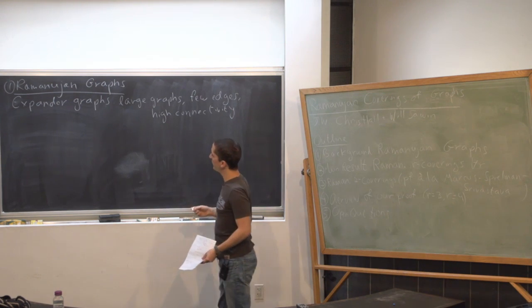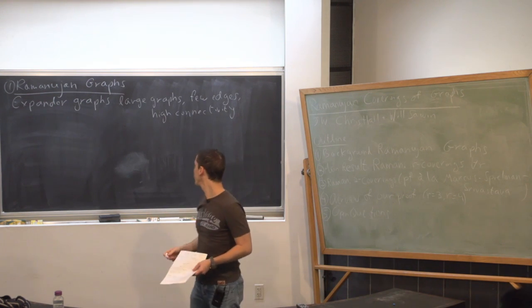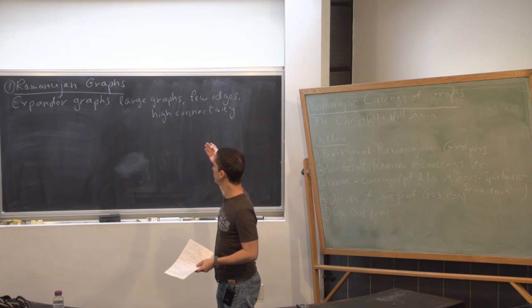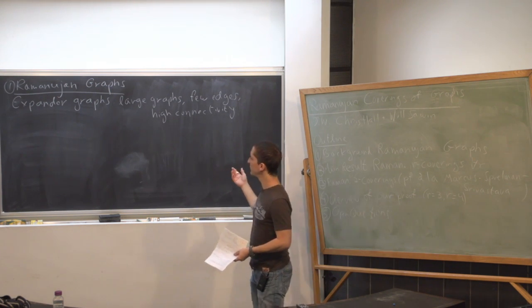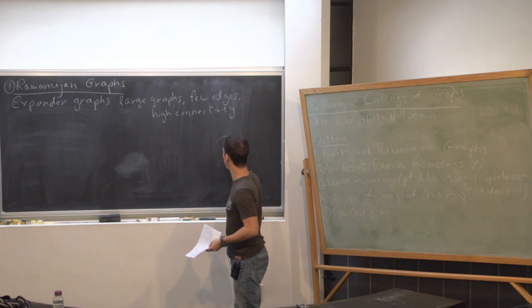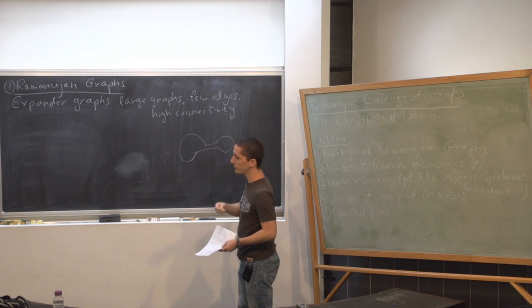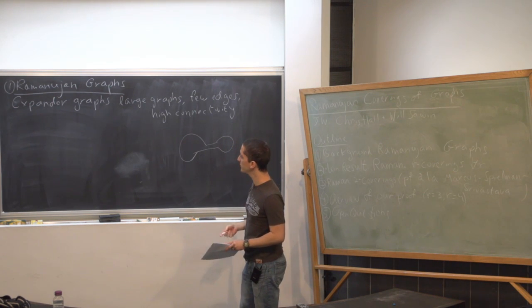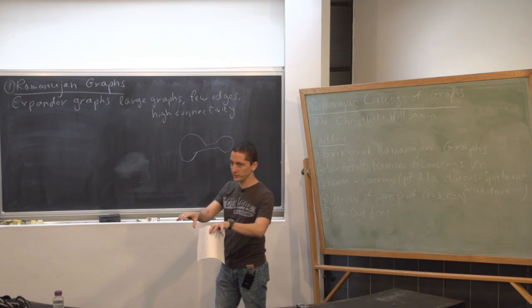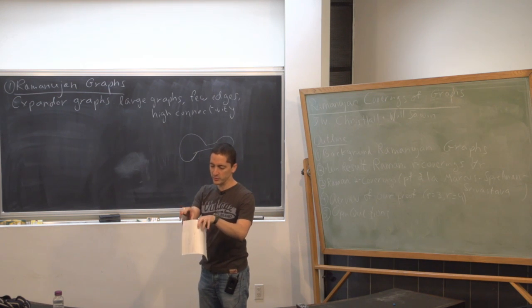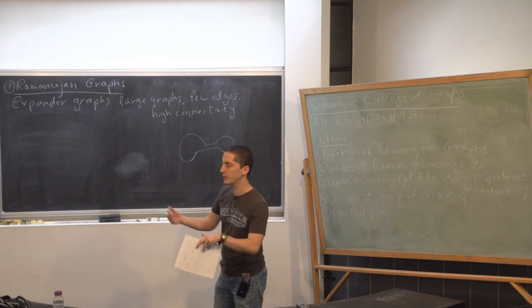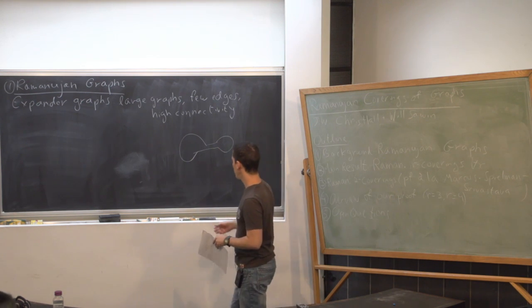More particularly, this high connectivity has several combinatorial meanings. For example, we don't want to have bottlenecks in the graph. We want a random walk to mix very fast. We want any 2 subsets of the graph to have roughly the same number of edges between them as in a random graph.